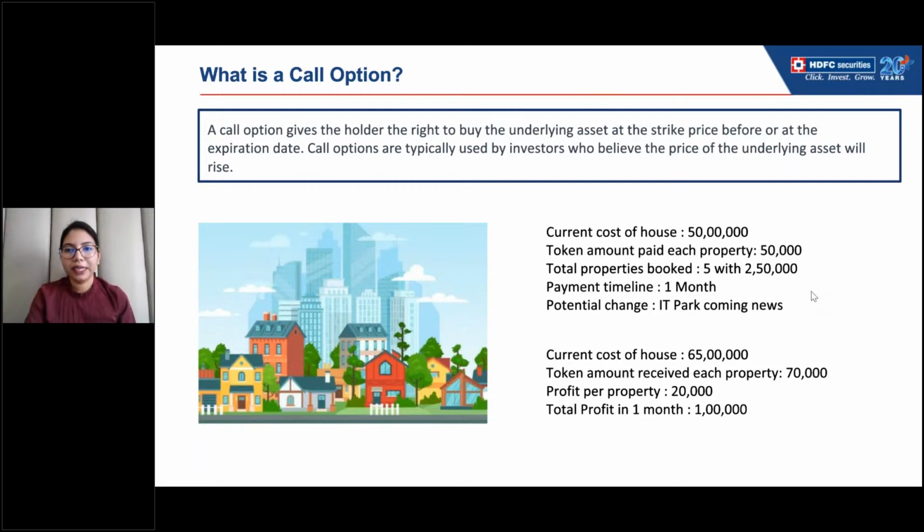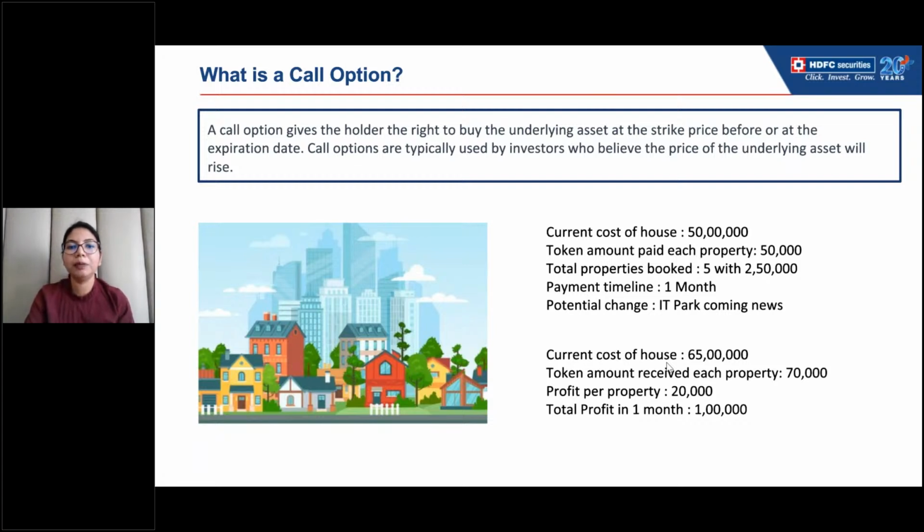You just had the bookings, right? You just paid the token amount and you only booked the properties. But now there is very high demand and a lot of people are approaching you, asking if you want to sell your bookings, all right? So now you will sell your bookings which you bought for 50,000 premium each. Now you're selling it for 70,000 each property.